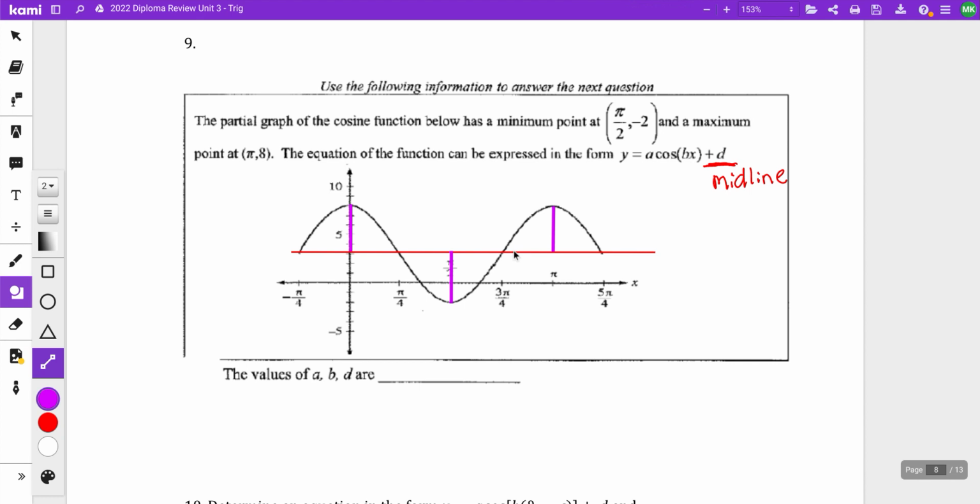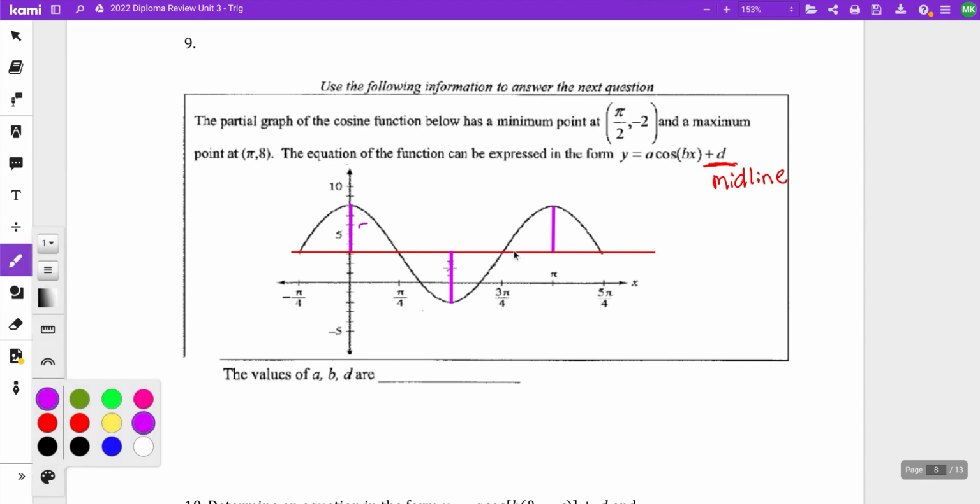If they are equal, you got the right midline. All those purple lines I just drew are all the same distance. Distance of 1, 2, 3, 4, 5. 1, 2, 3, 4, 5. My midline is in the right spot. These distances are all 5.